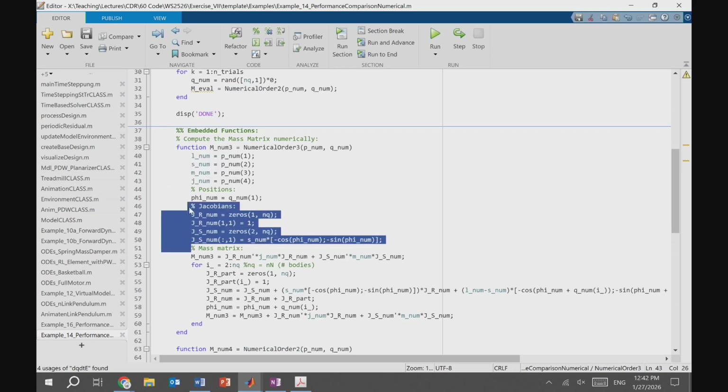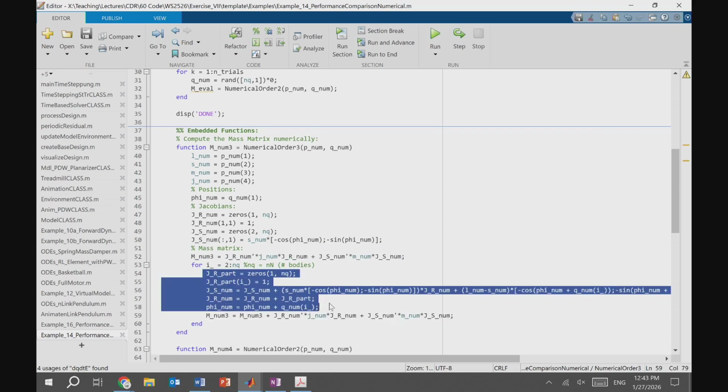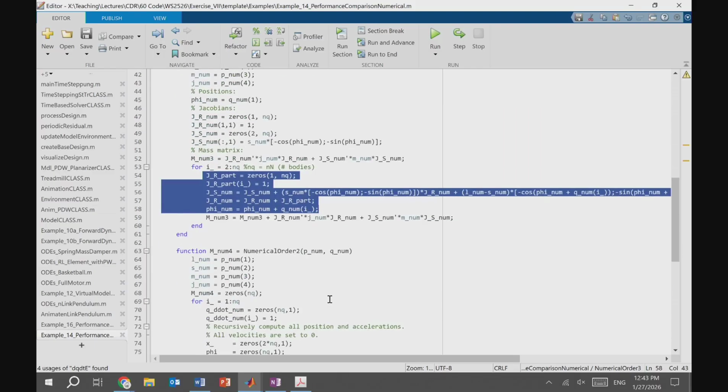And then basically there's just a bit of initialization. But what I want to do is I want to compute my mass matrix. So I go through my NQ bodies. I initialize the mass matrix with sort of this term J transposed MJ plus blah, blah, blah for the first body. And then in each iteration, I add an additional body to it. To do this, I have to sort of recursively update my Jacobians, skipping all the details here.